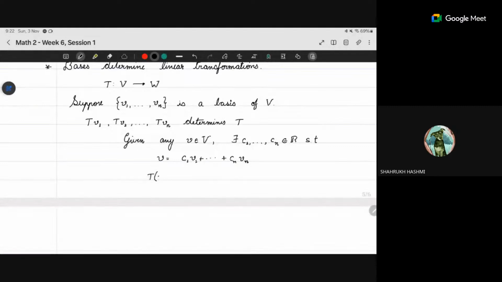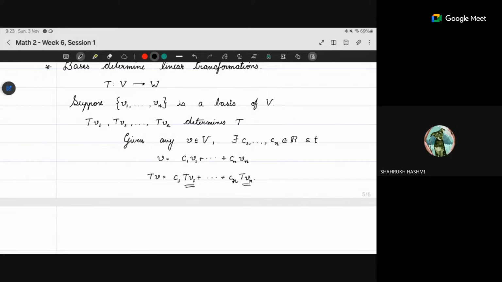But then what is T of v? Using the linearity properties, this is just C1 TV1 + C2 TV2 + and so on up to Cn TVn. This is just using two of the properties of the linear transformation. But I know what these vectors are, TV1, TV2, TVn. So as soon as I know the images of dimension-of-V many vectors, I know the entire map.